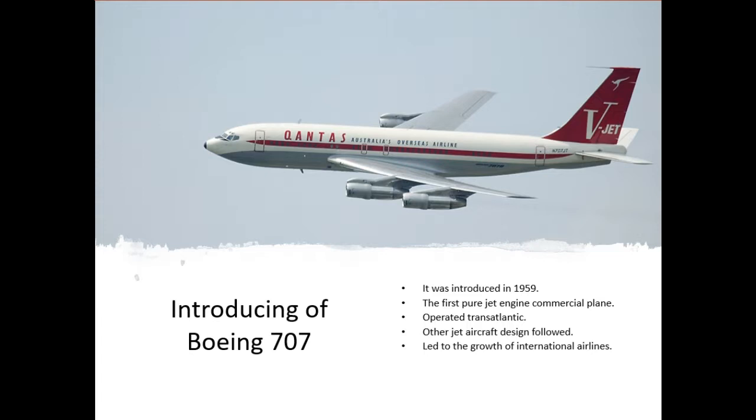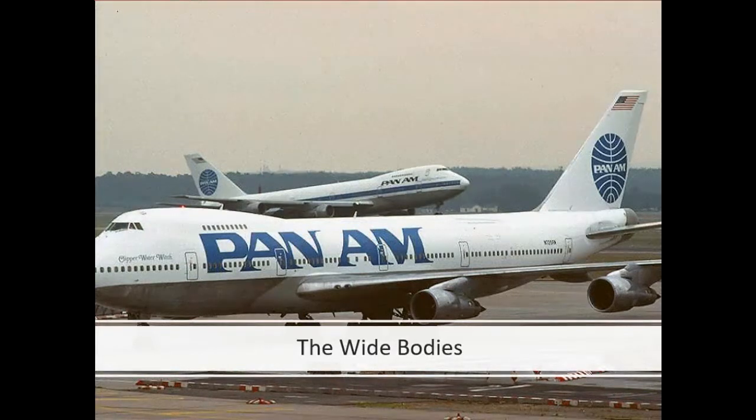It led to the growth of international airlines, because after the Boeing 707, people tried to set a standard for the airlines. In terms of quality, facilities, standard of procedures, everything was set based on this. So this Boeing is a role model for the rest of the international airlines.